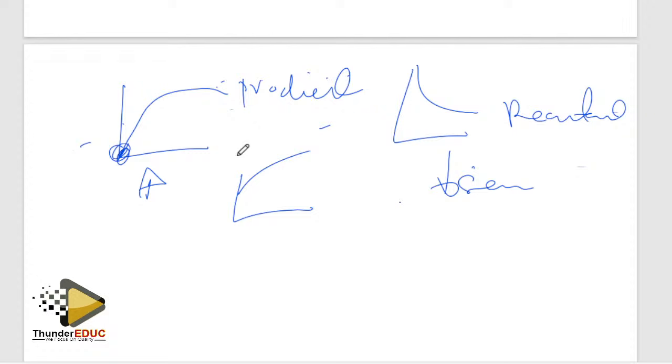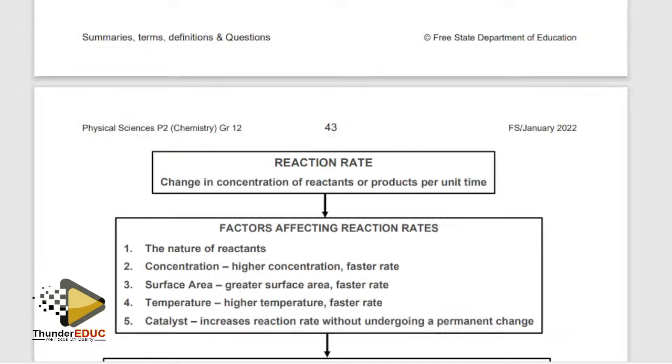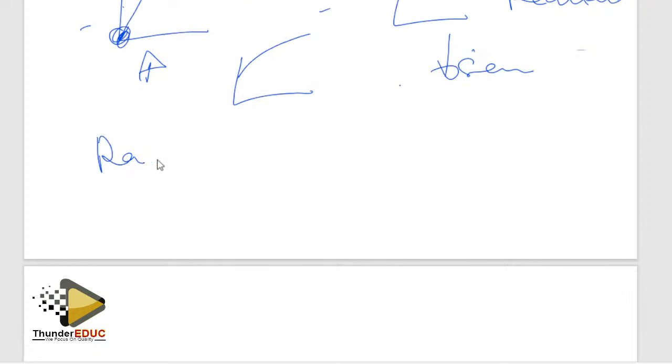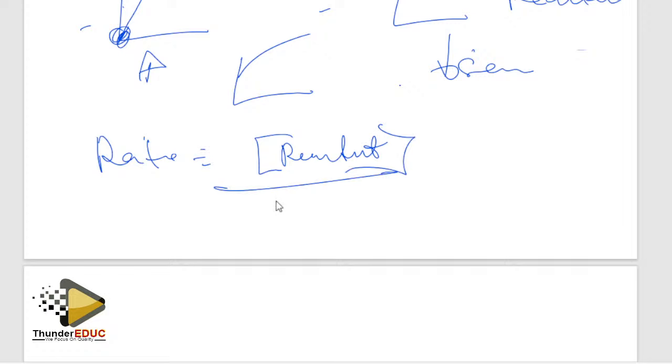Then, that's number one. Number two, rate of reaction. When they ask you to define the rate of reaction, what does it mean? It is the change in the concentration of the reactant over a specific period of time, per unit time. So you talk about time.